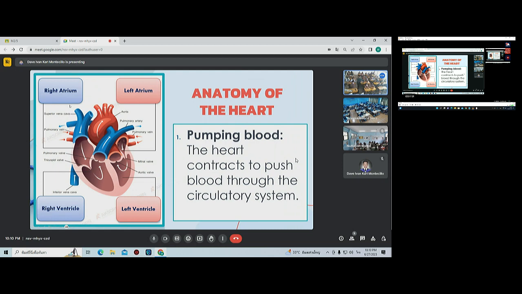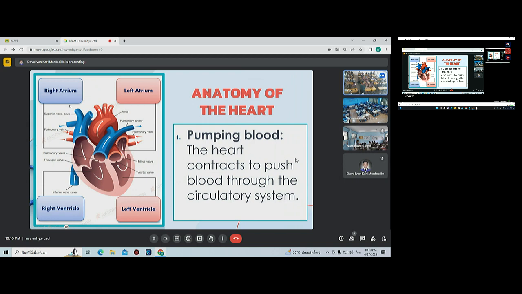What do you call this one? Do you have an answer? What's your answer? Who wants to answer? Okay, very good. That is the aorta.